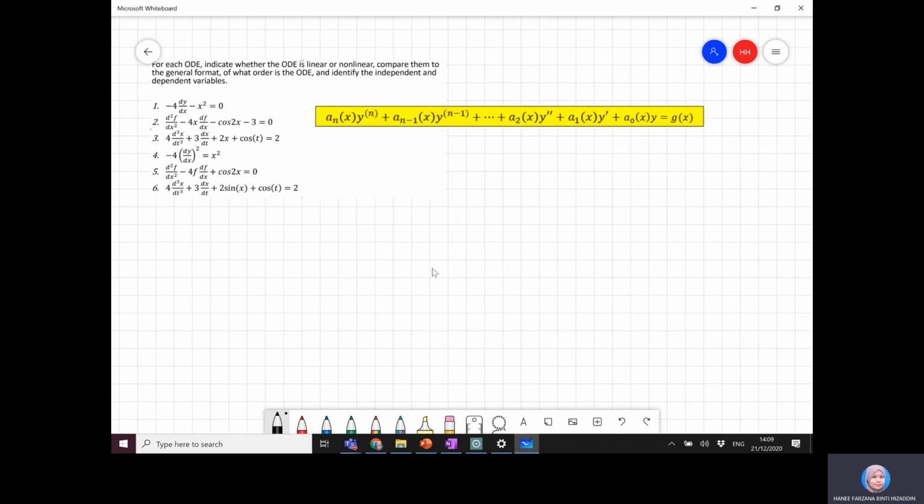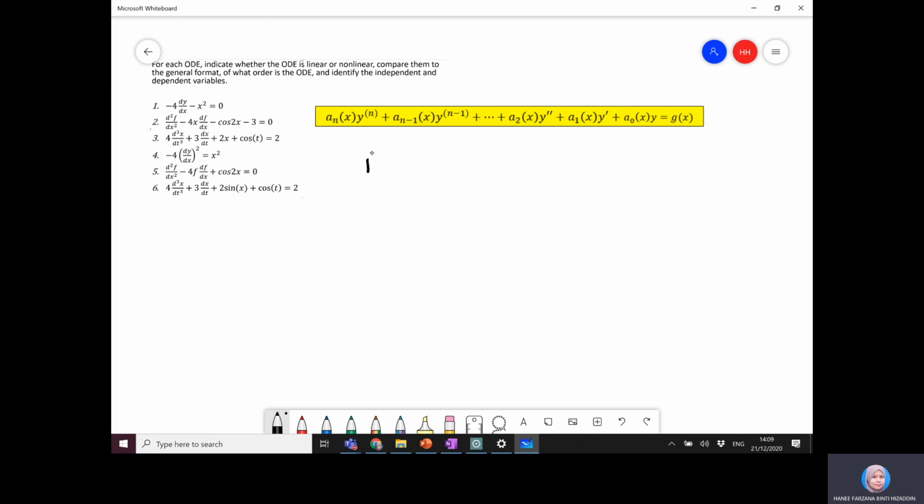Okay, so then let's try to do one by one. So let's do number 1. Negative 4 dy dx minus x squared equals to 0. You can see that this starts with a1 here because it's just first order. And this one is 4. Just compare this with a1 y prime minus a naught y equals to g of x.